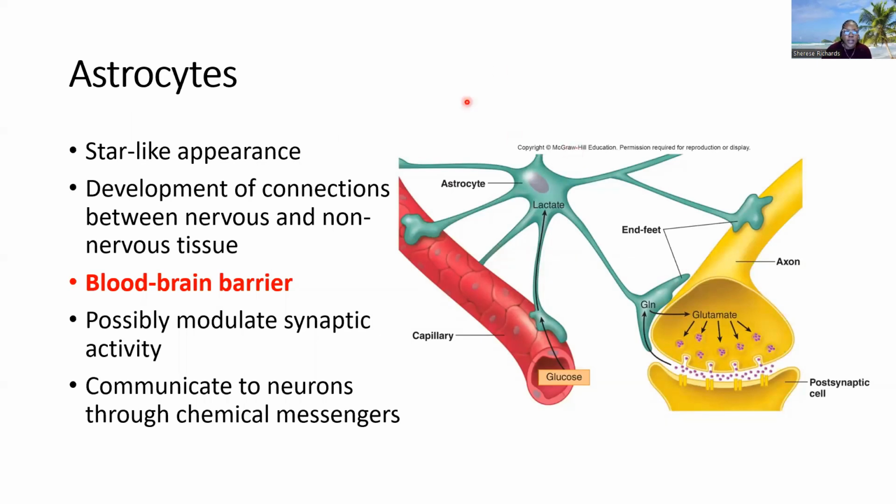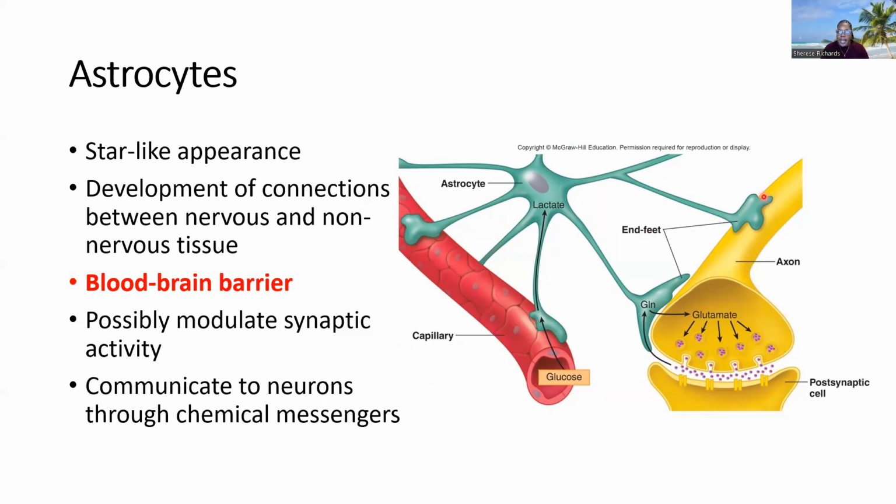So astrocytes, as we mentioned, have a star-like shape, and that star-like shape is going to be really connected to its function. So astrocytes help to form what's called the blood-brain barrier. And the blood-brain barrier is pretty much a wall of defense between what is happening in the vascular, the circulatory system, and what is happening in the nervous system, in our neurons and the nervous tissue.